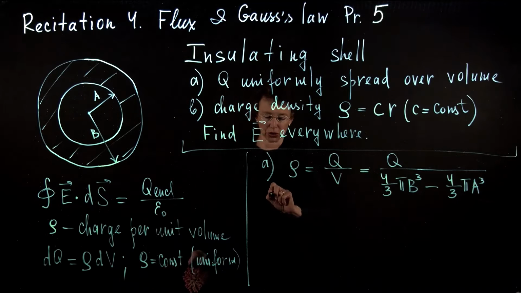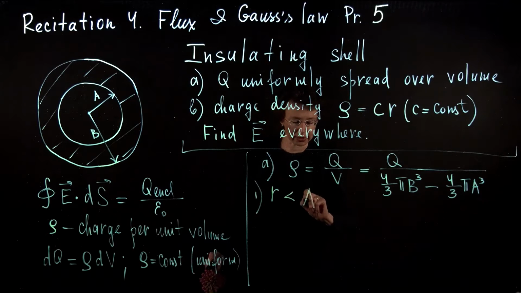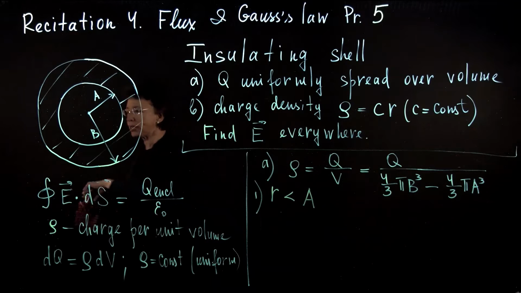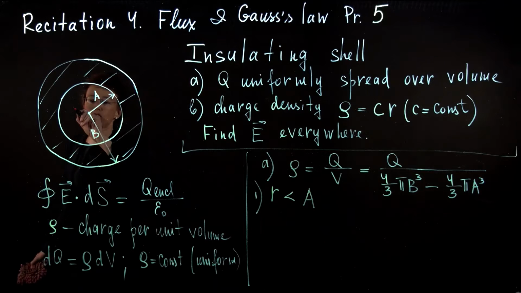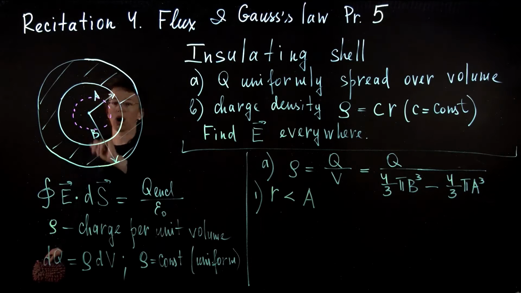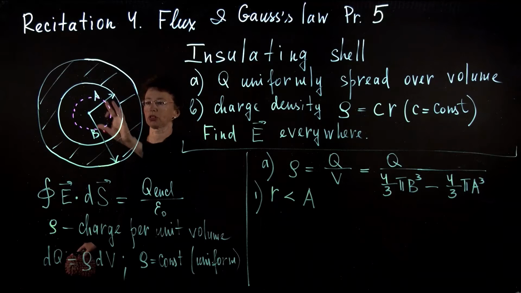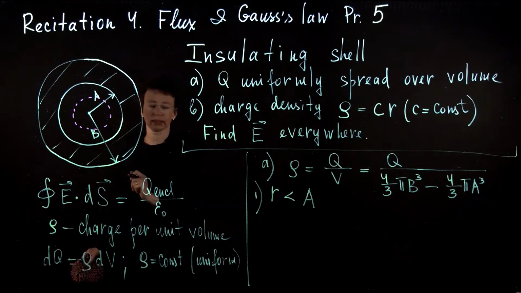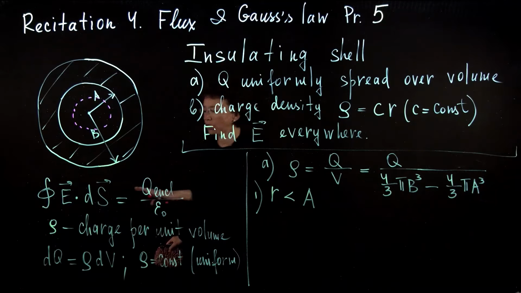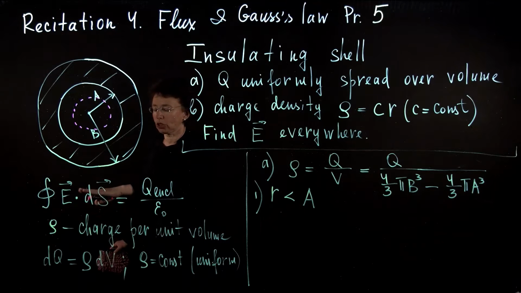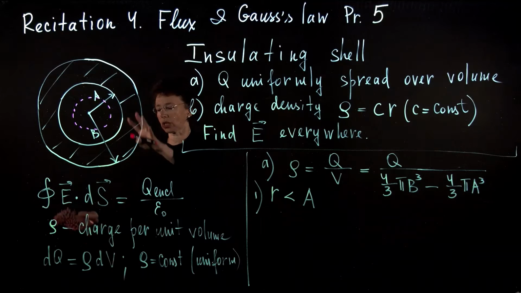The first region that we will consider will be R less than A. I will put 1. R less than A. My Gaussian surface will be an imaginary sphere with radius R, an arbitrary R that is less than A. I use symmetry. The electric field is in the same direction as dS.